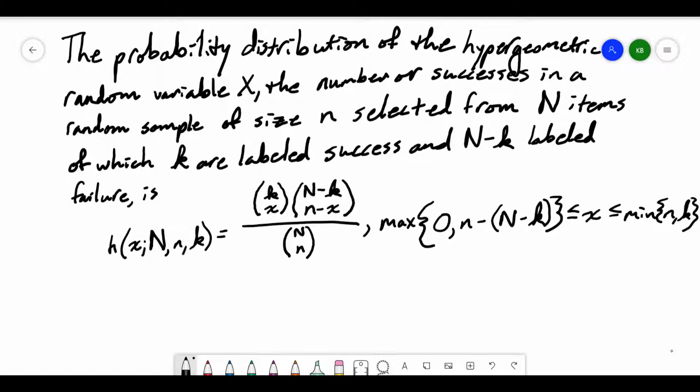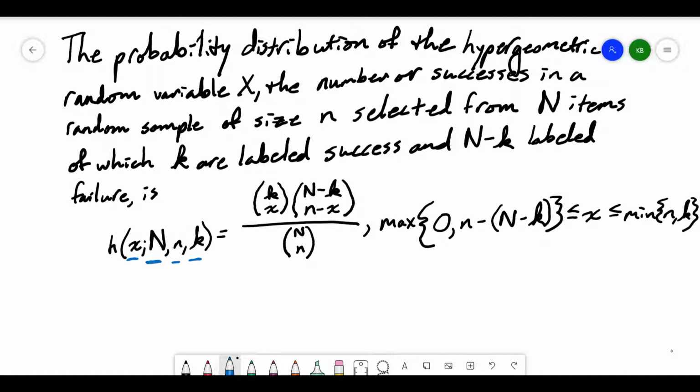So I have an h for hypergeometric, and then I'm going to be looking at my x value, which is the number of successes that I'm looking for, where I have a total of N items in my population that I'm choosing my sample from. I'm taking a sample of size n, and k of the items in my entire population are success items.